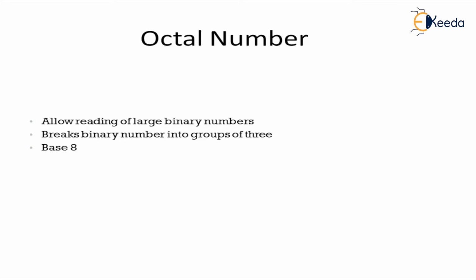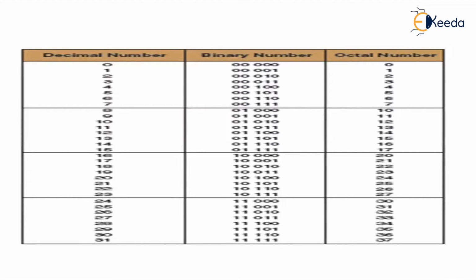Now it breaks the binary number into groups of 3, and a base 8 number is attached to it. So this is your decimal number which has a binary number attached to it, and simultaneously an octal number, 0 to 7, and then you have the numbers from 8 to 15, 16 to 23, and so on.